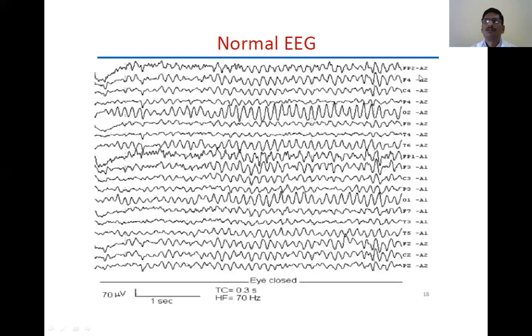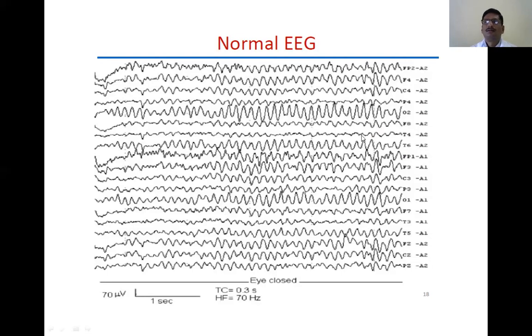So these are the referential montages. It's all recorded with eyes closed. So you can see the FP2, FP4 like this, and each of these are all on the right side, and these are the left side like this. Right side montage and left side montage. You can see the recordings.